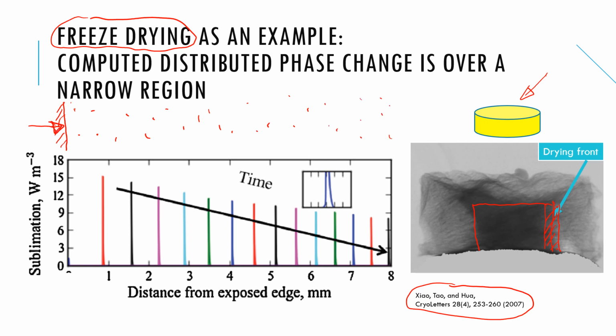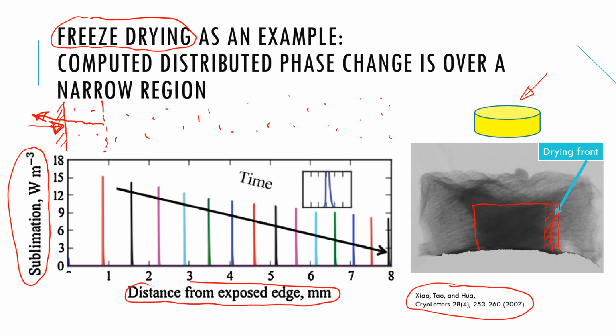As heat comes in, it vaporizes, and then the vapor leaves. And the diagram below shows the rate of sublimation, so where the phase change is taking place, as a function of distance.